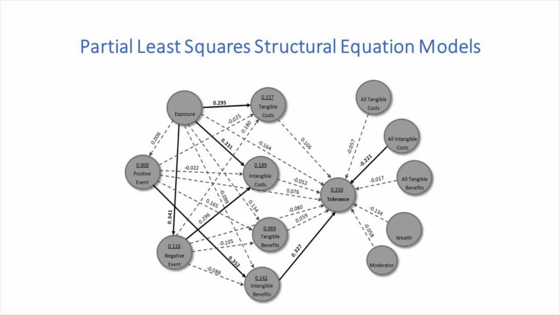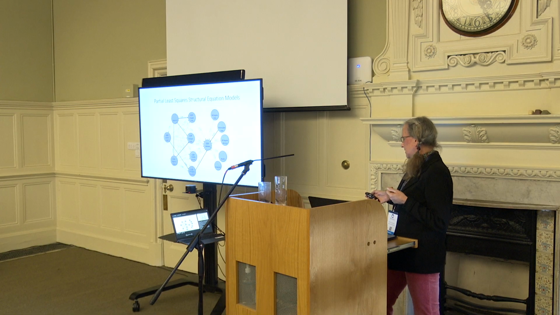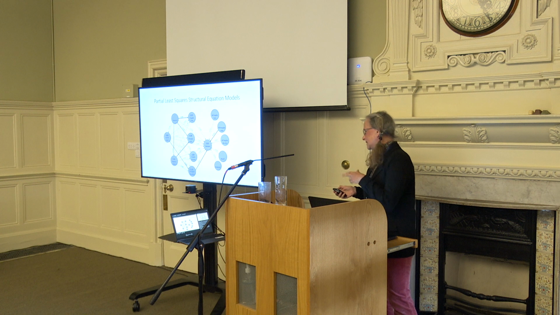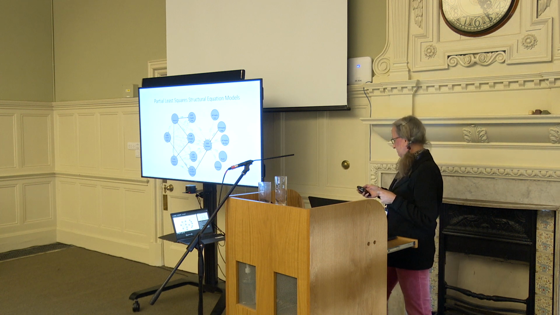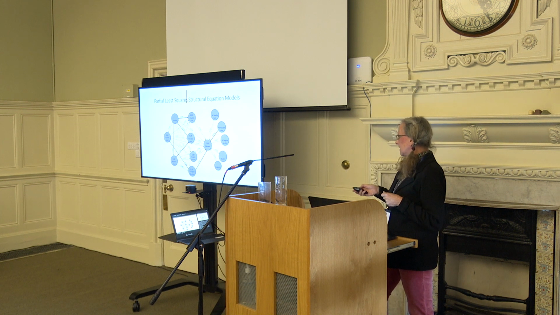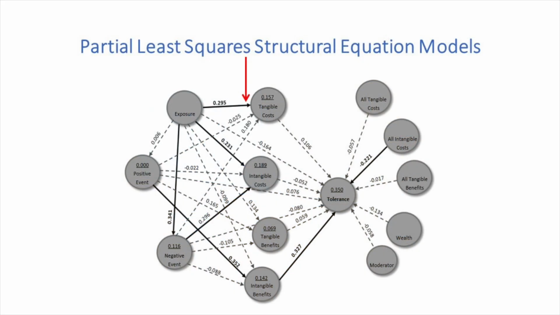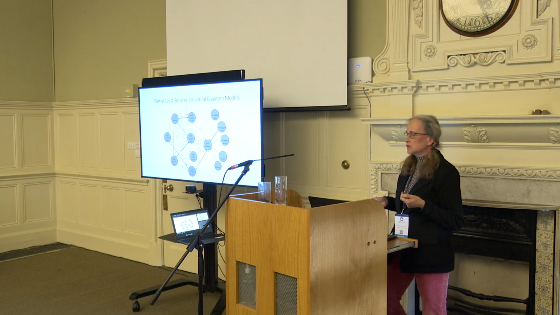So we use partial least squares structural equation models to test the hypotheses of the model. And this is a diagram showing that we basically test relationships between the variables. And these single-headed arrows indicate the relationships, which, with strong theoretical support, indicate causal relationships.